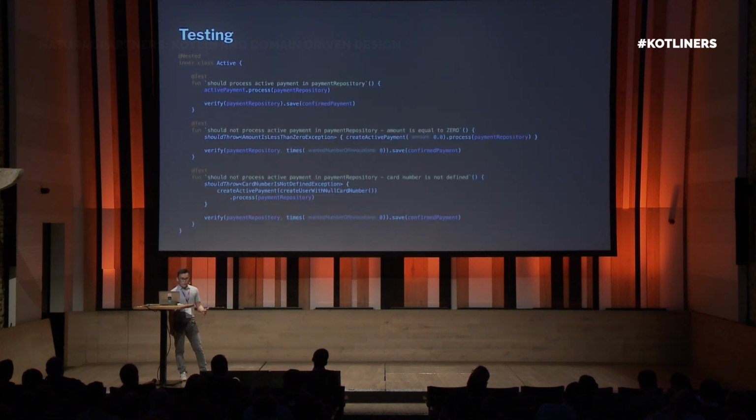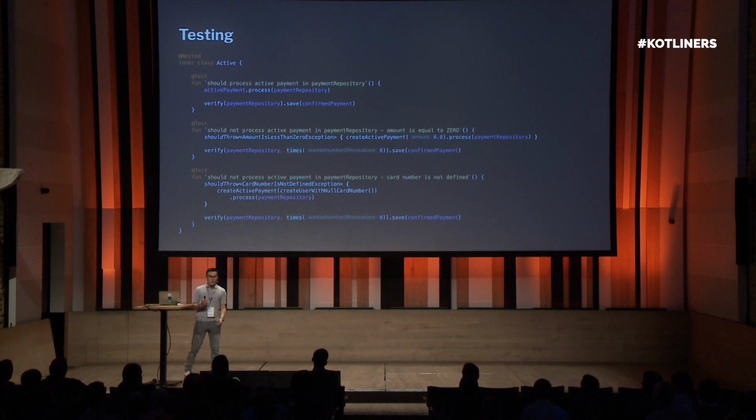But then, what if we need to actually test the active payment class? Do we have to implement it in one file and put the whole logic into the same place? Kotlin also gives us inner classes.